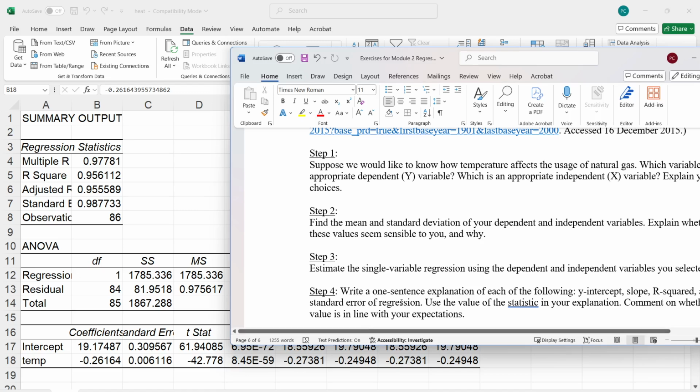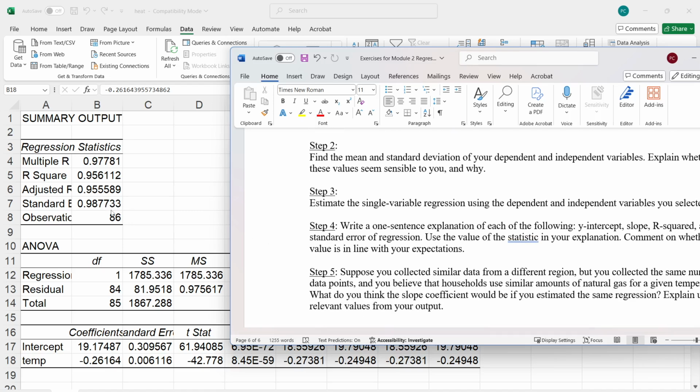And standard error of regression, a typical residual in this model is about 0.987 therms. So this model usually predicts within 1 therm, or 0.987 therms, of the correct usage, conditional on temperature. Pretty good. Reasonably precise, lots of the variation.